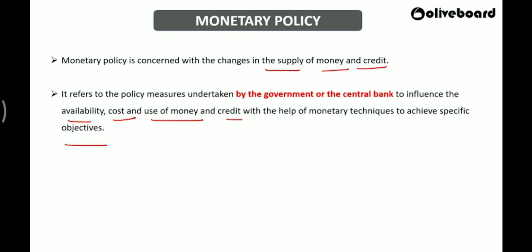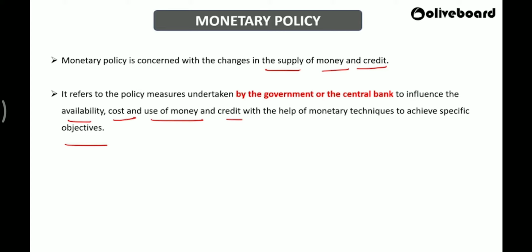Why is it important? Understand, money supply is very basic for what? Your inflation. Inflation decides a lot, because if inflation keeps on increasing, prices are increasing, which means people will suffer, and the economy will not grow. Correct. So they have to control it.